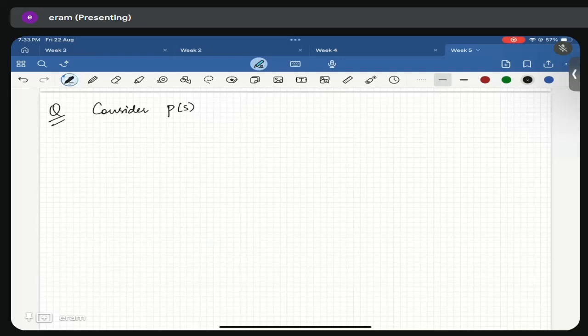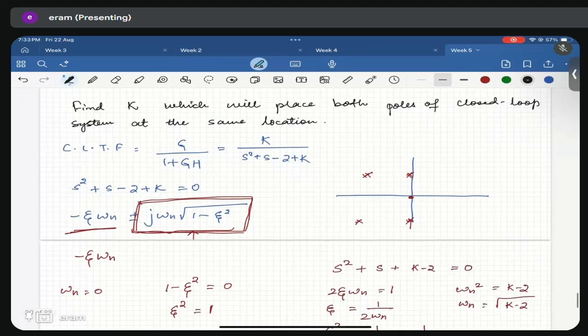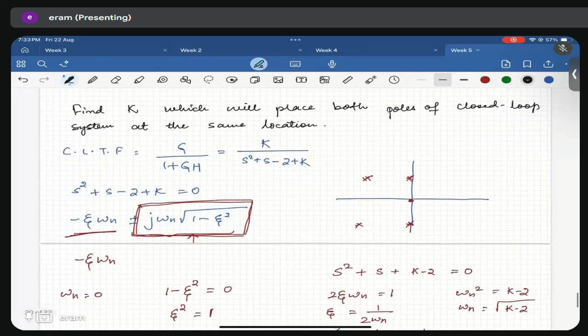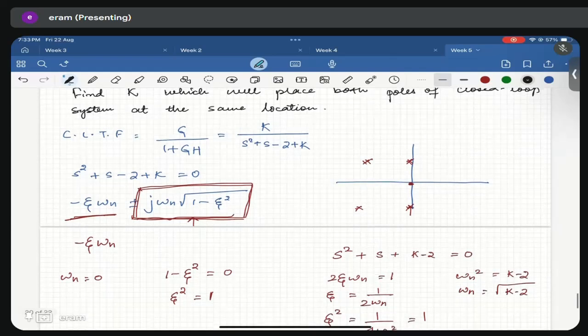If we equate omega n to 0, the system will not be unstable, sorry. If you put omega as 0, it will be what? 0 and 0 only.